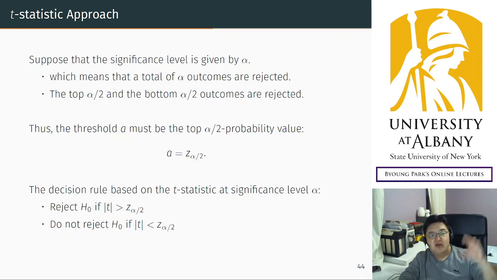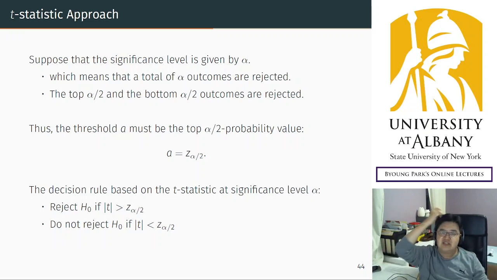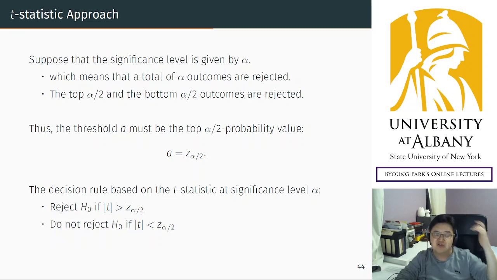And that means top 5% means there are two tails. There are large values on the positive tail. Also, there are large values on the negative side. So top 5% is the mix of positive side 2.5% and negative side 2.5%.